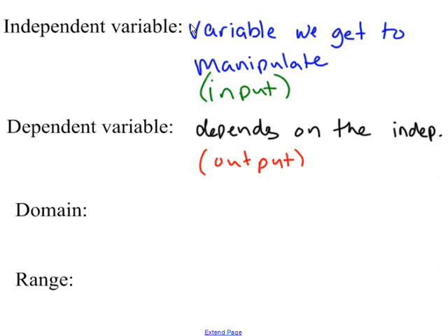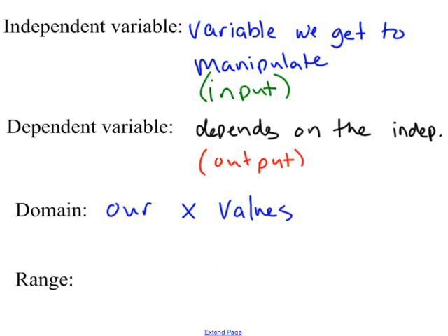Domain and range take these two terms and basically just look at them in terms of graphs and functions and tables. And so our domain is usually our x values. So all the values that we can put into a function or equation that makes sense.